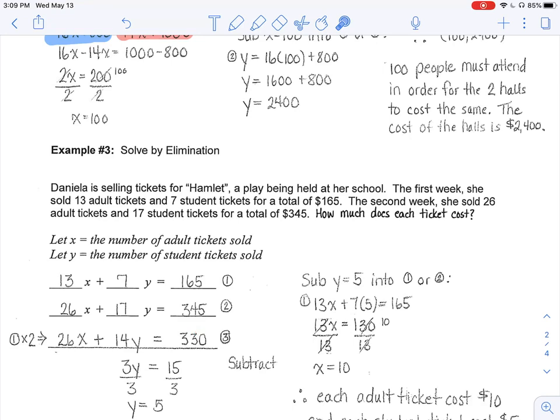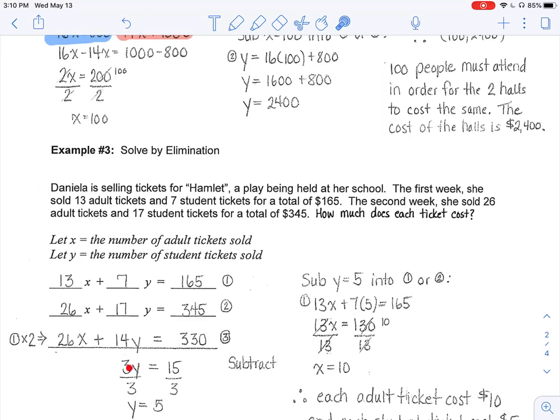So now we have x terms that are the same, we have y terms, and we have our new constant term. These x terms eliminate because we're subtracting 26x minus 26x, 17y minus 14y, and then 345 minus 330. So we end up getting, well, these are gone, 17y minus 14y is 3y, 345 minus 330 equals 15.